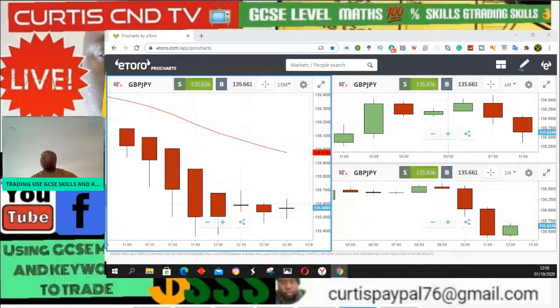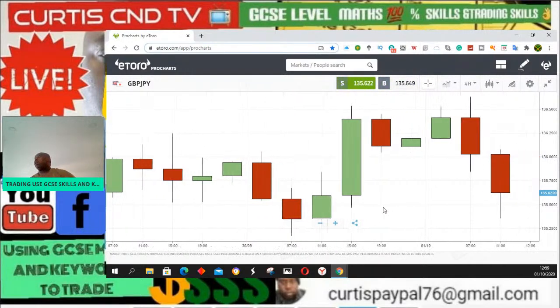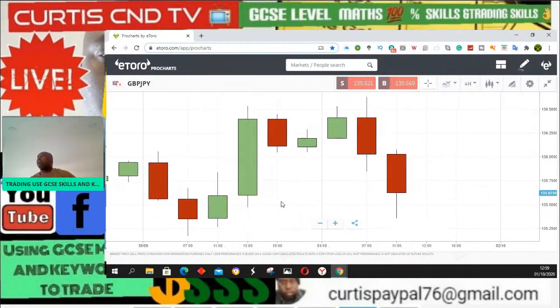You can see over the last 8 hours here, there was a strong move at 3 o'clock, right, at 3. That was yesterday. There was strong buying, and then you can see a sell off.